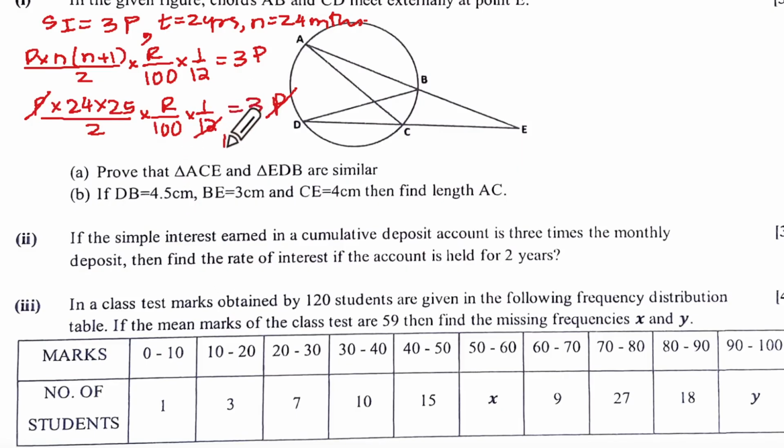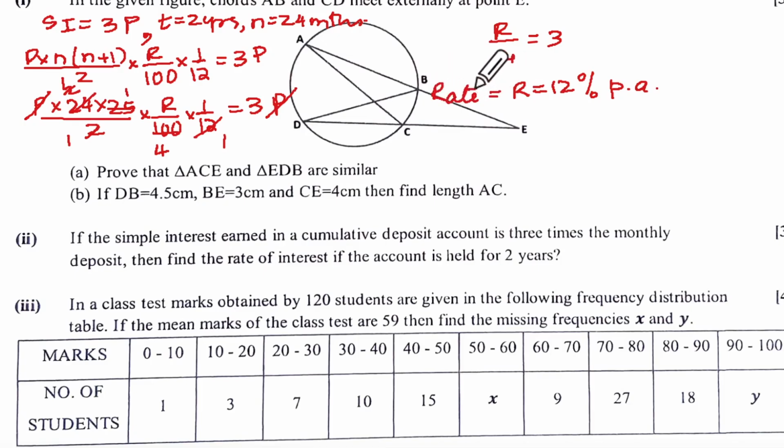Yes, ma'am. Then 12 ones and 12 twos and 2 ones and 2 ones, correct? What did you get over here? 25 upon 100 means what? 25 ones and 25 fours. Are you with me? What did I get remaining? R upon 4 is equal to 3. And rate is how much? 12% per annum.